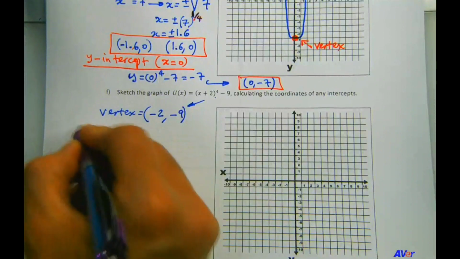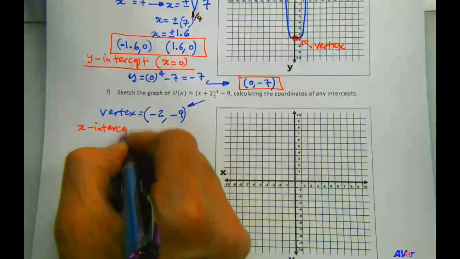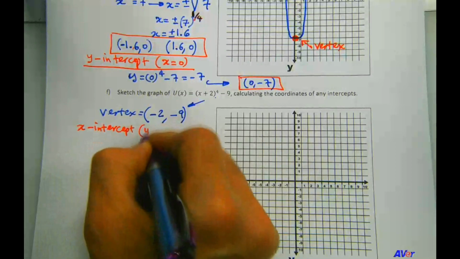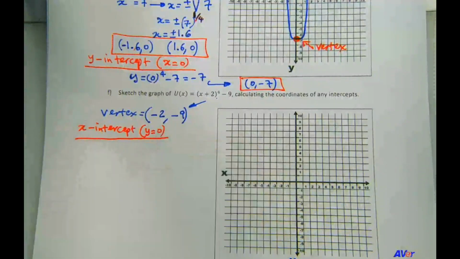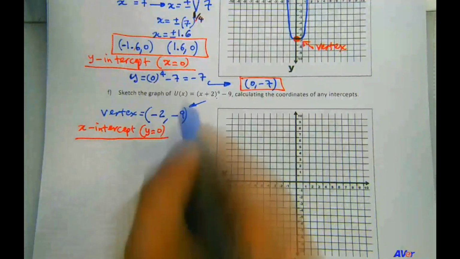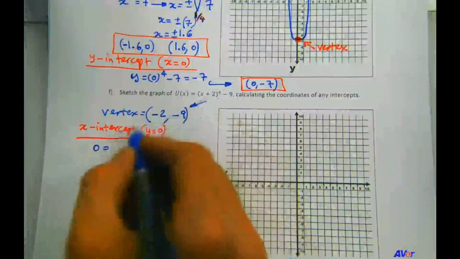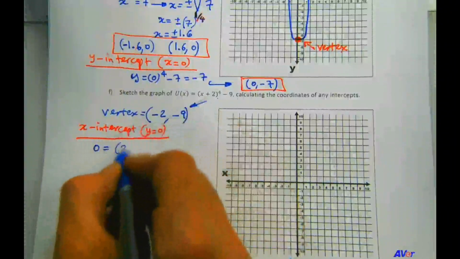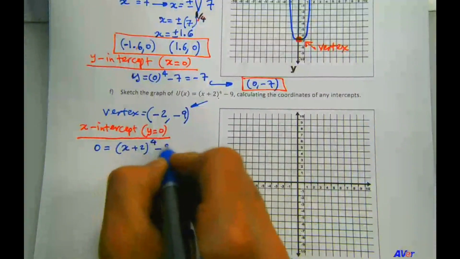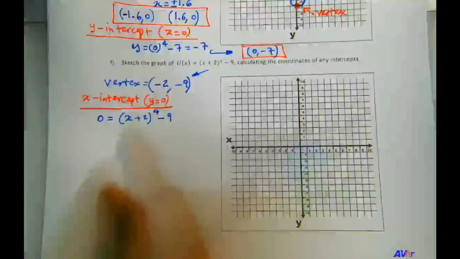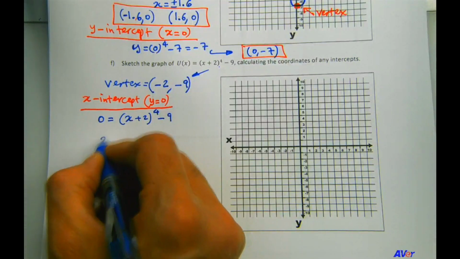Then the x-intercepts, which is when y equals 0. So u of x, let's put 0 for that, and let's solve for x. So we have x plus 2 to the 4th minus 9. So let's move the negative 9 to the other side.